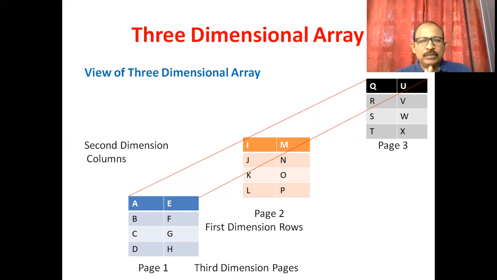You can view a three-dimensional array as a book, a two-dimensional array as a page, and a one-dimensional array as a line in the page.